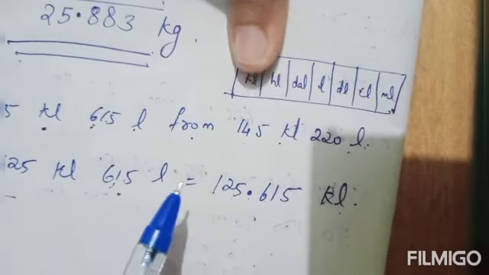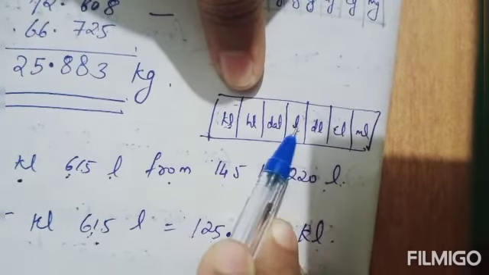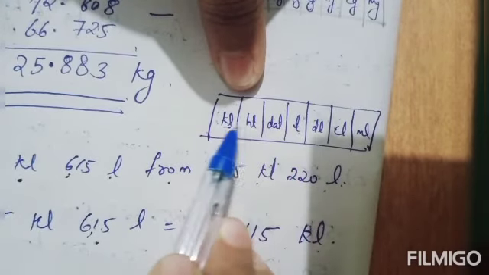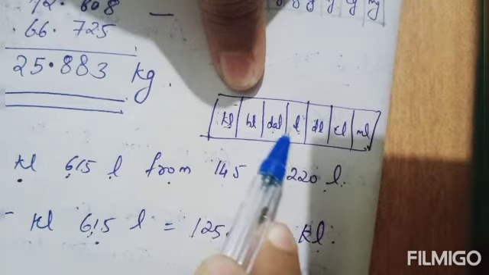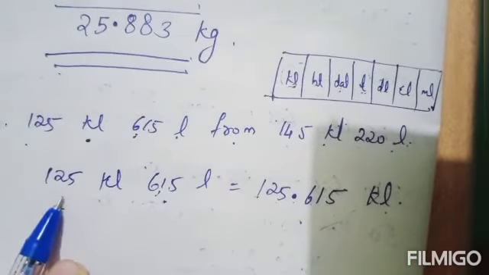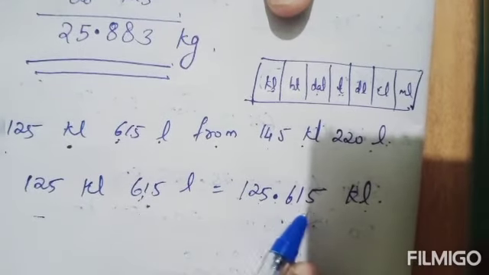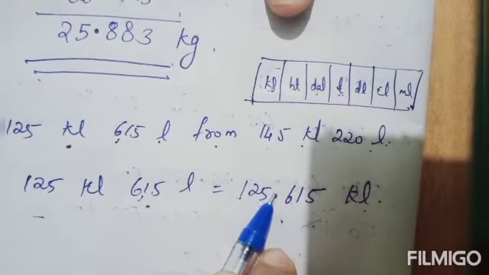125.615 kiloliter. Now here, from kiloliter to liter, 3 places are there: hectoliter, decaliter, then liter. So if you are expressing kiloliter and liter in decimal notation, it should contain 3 places after the decimal point.